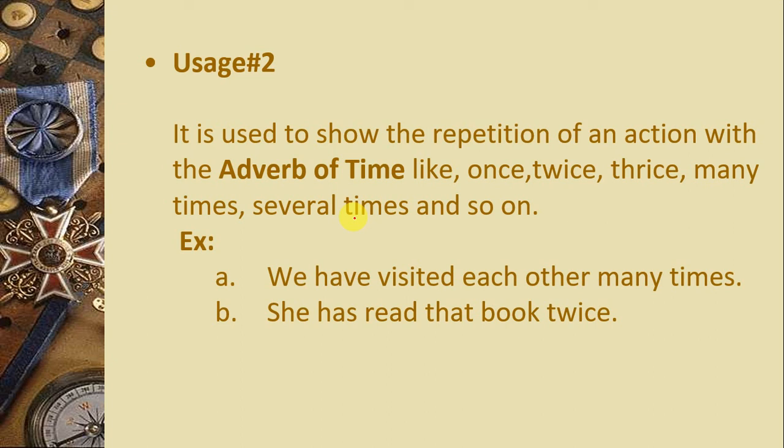One of the most important usages of present perfect tense is the repetition of an action. It is used with adverbs of time like once, twice, thrice or 3 times, many times, several times, a couple of times, and so on. It expresses that an action happened twice, thrice, 4 times, many times. Whenever you want to talk about an action which happened several times, you better use present perfect tense in order to express such actions.